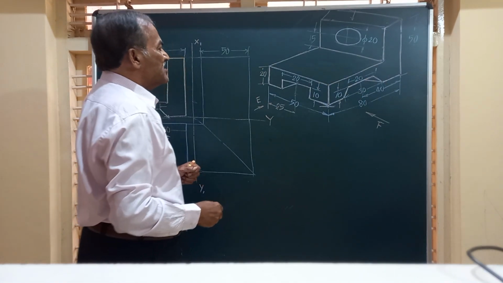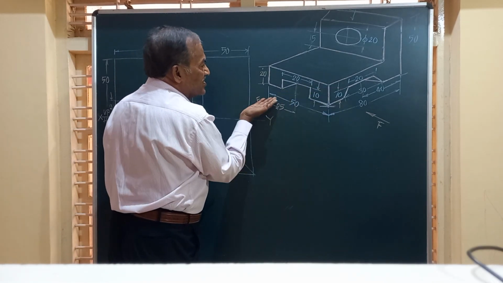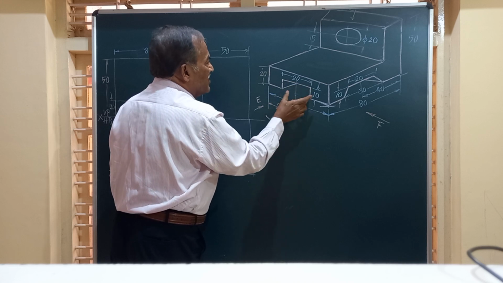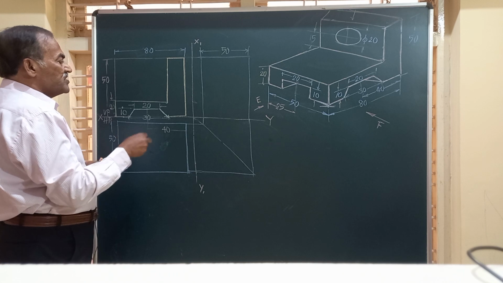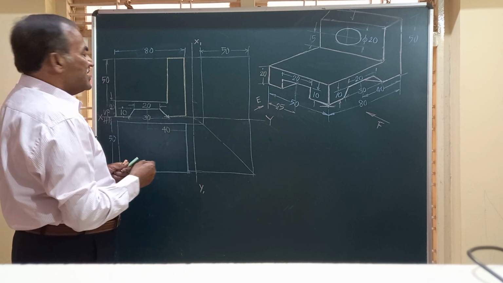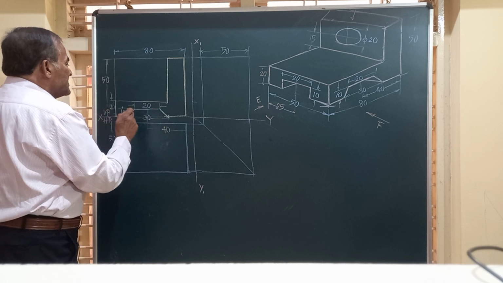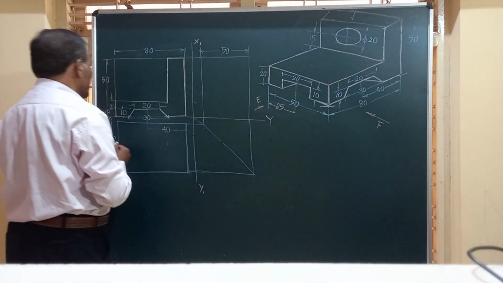But remember friends, there is also a slot cut throughout this depth of 80 millimeter, that is rectangular in shape, 20 by 10. Friends, that is not visible to us. So that has to be shown at the same height, but it is there throughout from this line till the 80 millimeter.